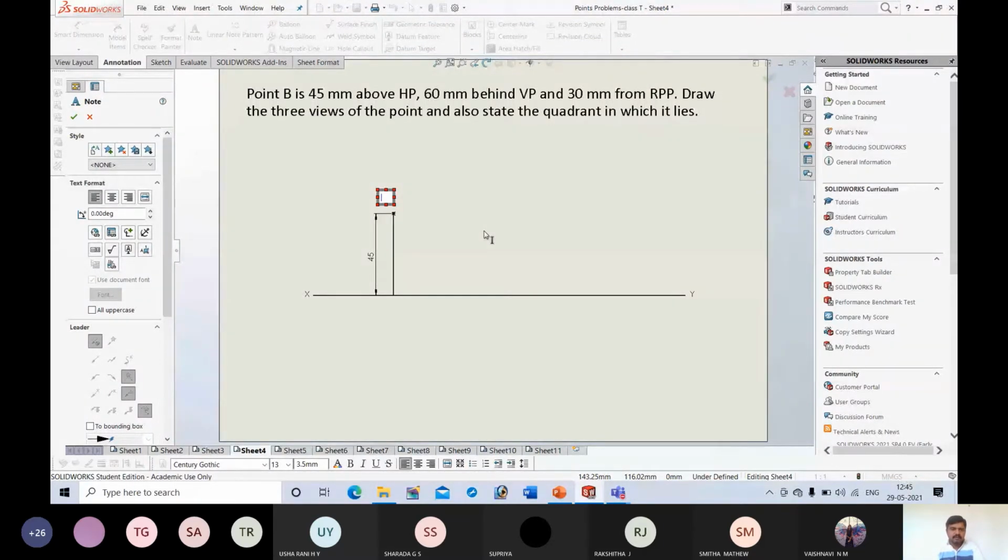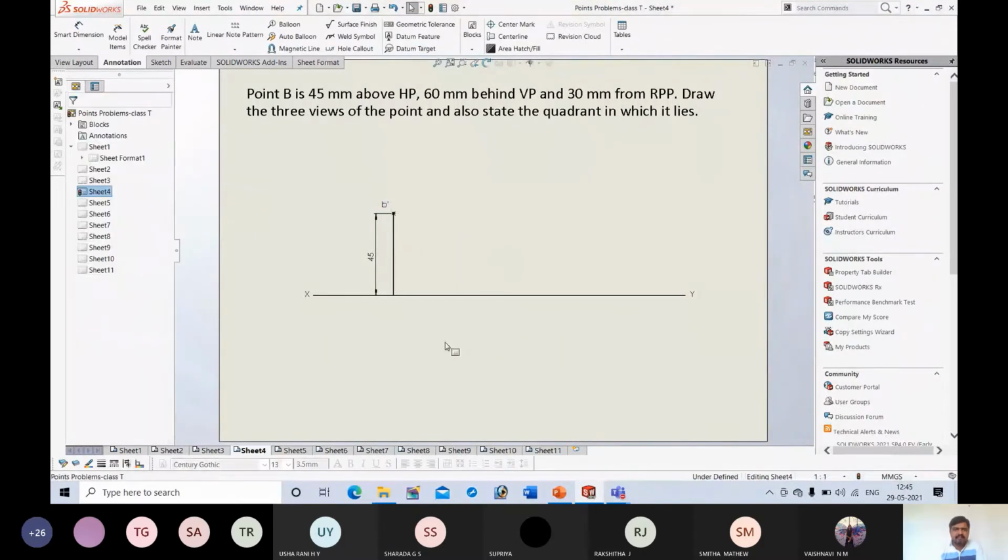Next, 60 mm behind VP. On the drawing, will it come above the XY line or below the XY line? Above XY. So that means I have already drawn a projector for 45, so for 60 I should extend it by another 15 mm.